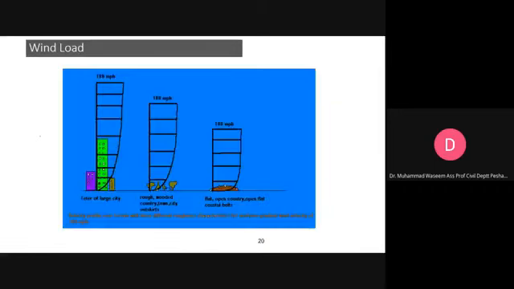This is an example of 100 miles per hour wind velocity.